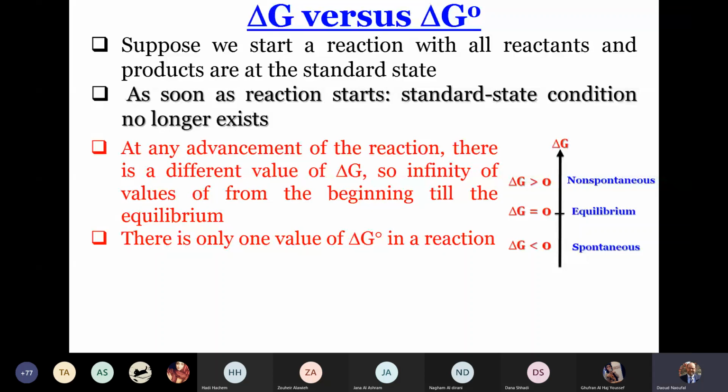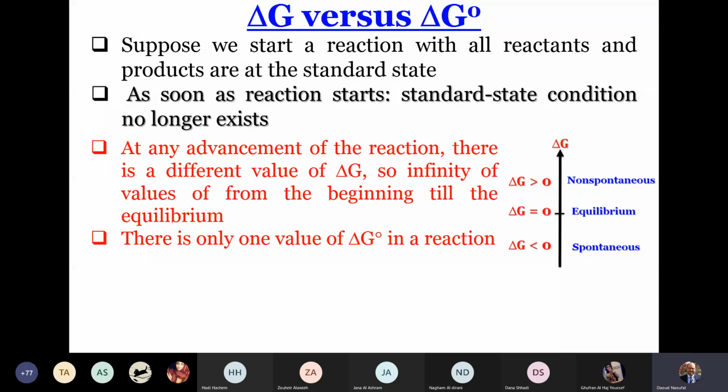You are at the beginning, in course of the reaction, or at the end. At the beginning, you have a value of delta G negative. After 1 minute, or at another advancement, you have another value of delta G negative. As the reaction proceeds, delta G increases till the end, where delta G of the reaction is equal to 0, and you say that your reaction is at equilibrium.